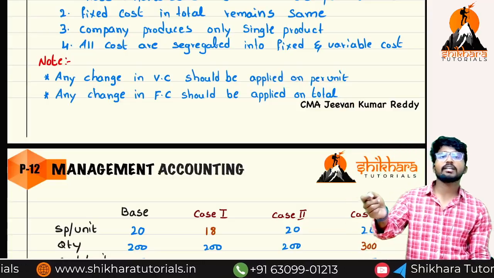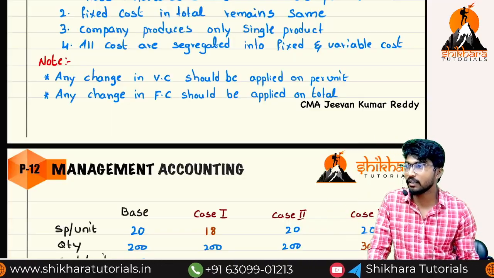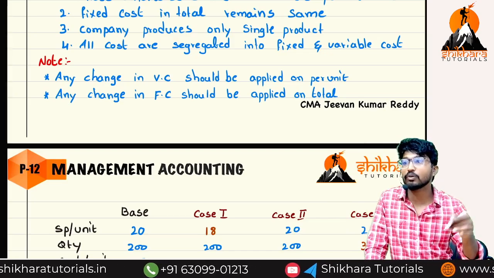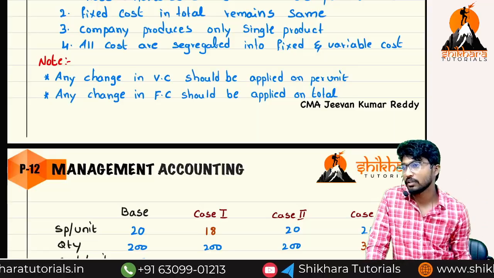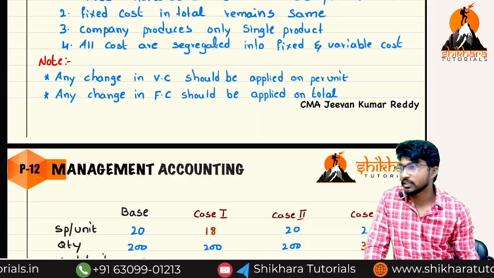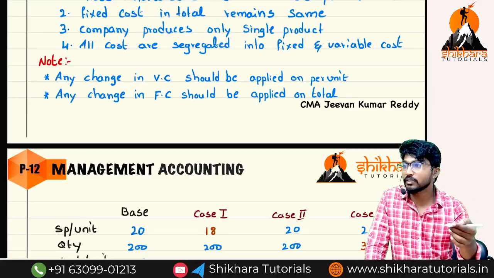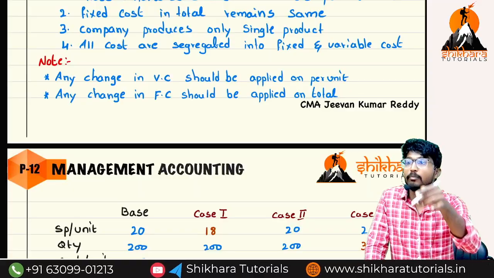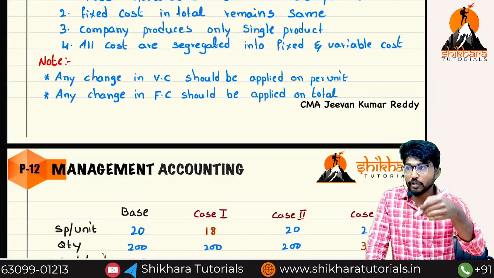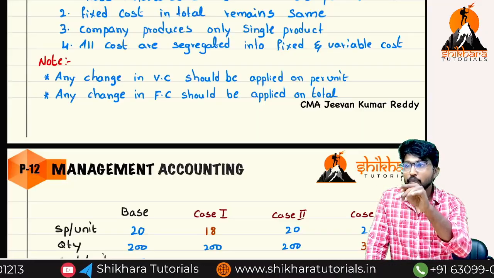If they mention something like special fixed cost or additional fixed cost, you don't apply it on a per unit basis. No, in total. You have to add the total amount to the total fixed cost. If they say variable cost is increased by 20,000, sometimes they say like this, you must divide it by the number of units, then you will get the per unit increase, then add it to the variable cost per unit.